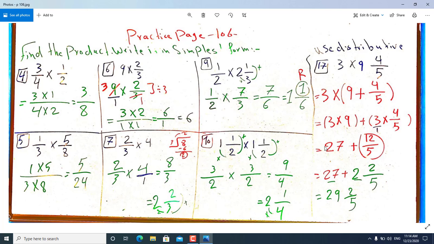So 3 times 9 is 27. There we don't have a denominator, we will write 1, and we multiply 3 times 4, it's 12. 1 times 5 is 5. 12 over 5. 12 is more than 5, so we can divide it. 12 divided by 5 is 2, and 2 is the remainder. So the denominator is the same number. After that, these whole numbers will be added together. 27 plus 2 is 29, and 2 over 5.